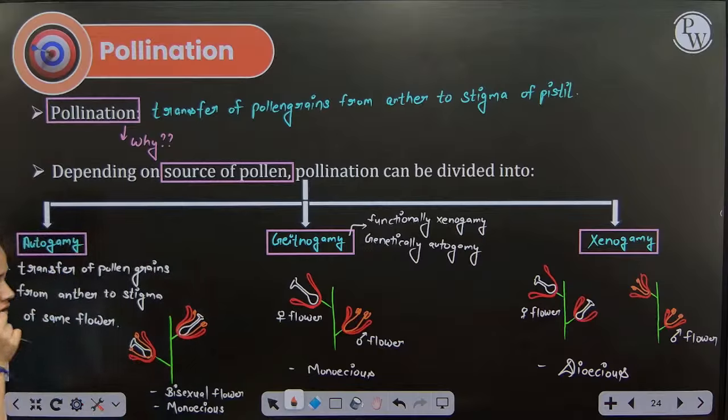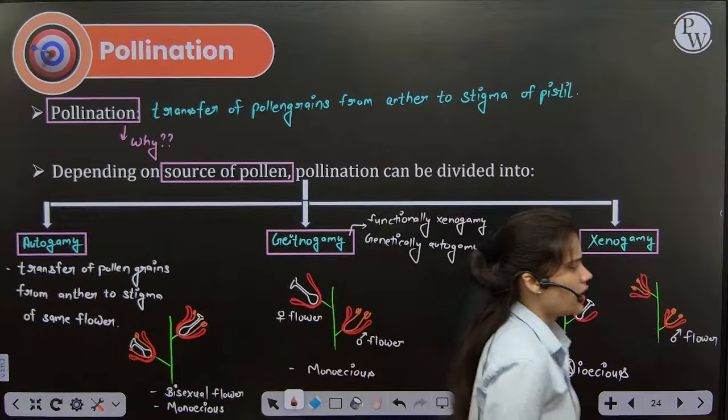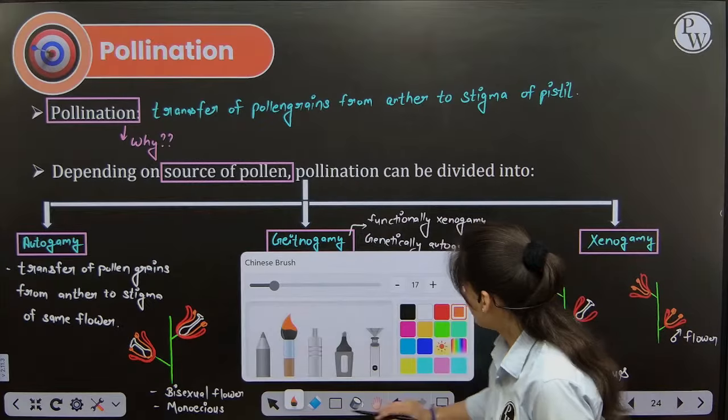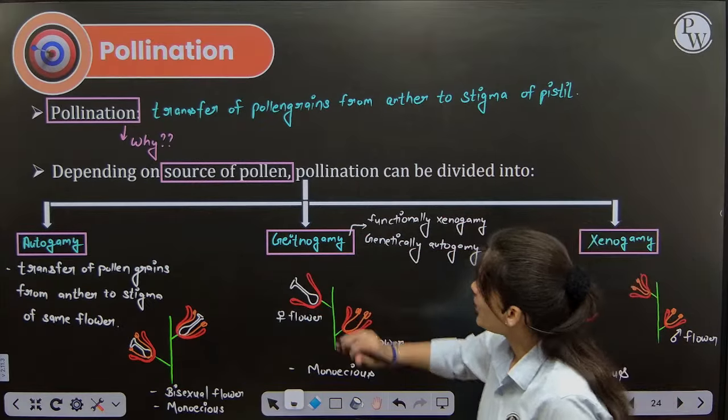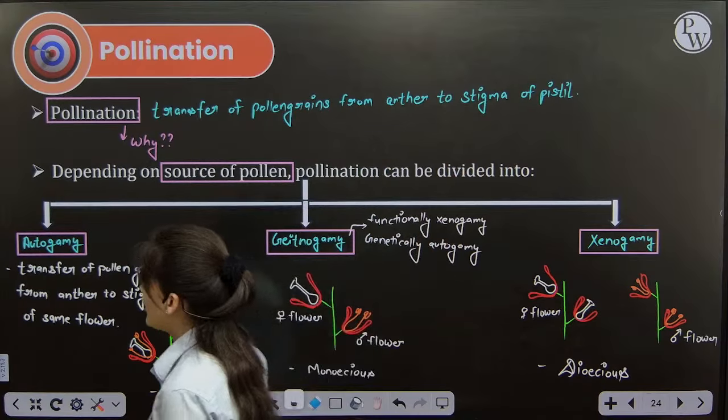What is pollination? Transfer of pollen grain from anther to stigma of pistil. But why is that pollination required? Why is there a requirement of transfer of the male part to the female reproductive part?